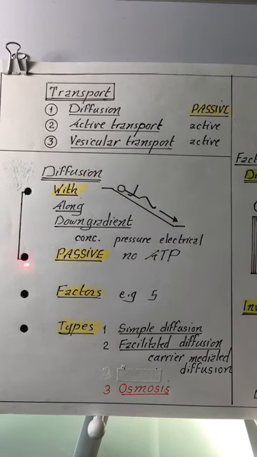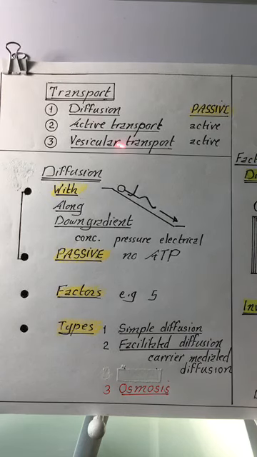So the second point in diffusion, you can expect it from the first point. As diffusion occurs with or along or down gradient, it is passive. And I said it is the only method of transport across the cell membrane which is passive. That means it does not need adenosine triphosphate, which is the source of energy in our body.